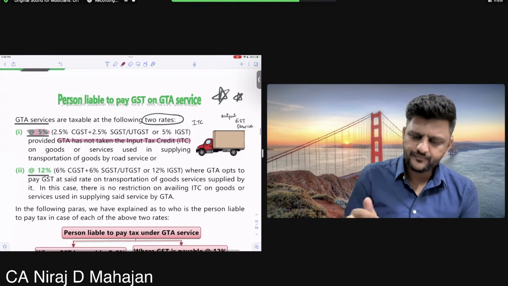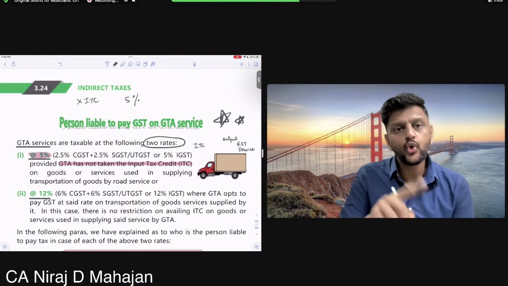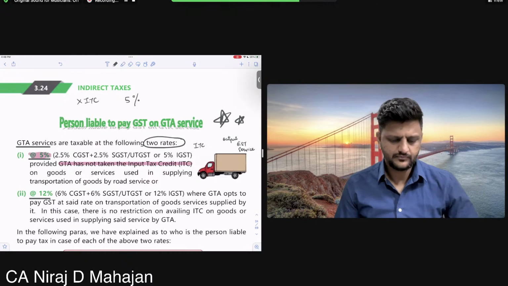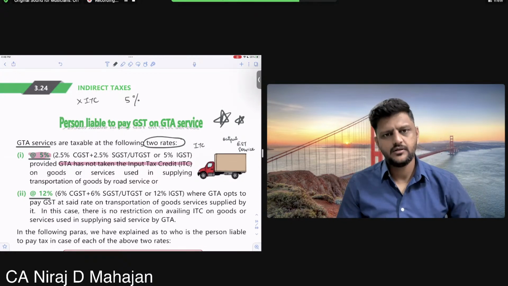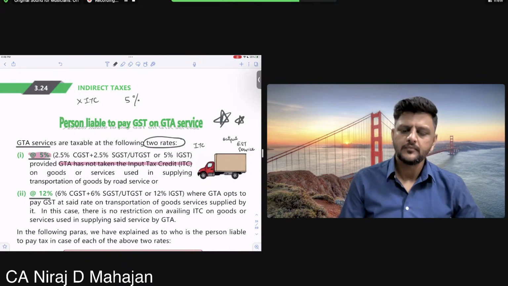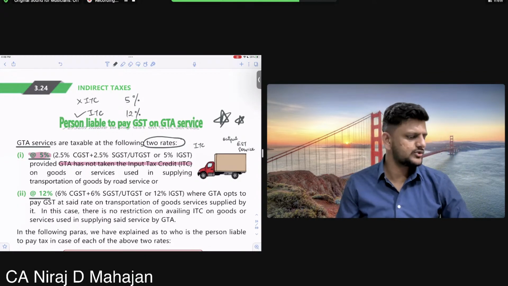Okay? Don't write on anything yet. So now no ITC, therefore lower output tax rate. No ITC, but therefore what? Lower output tax rate. Clear to all of you? And if he is claiming ITC, then 12%.